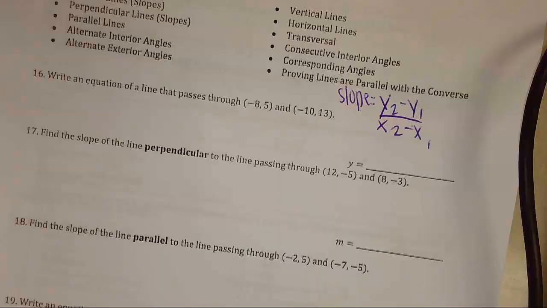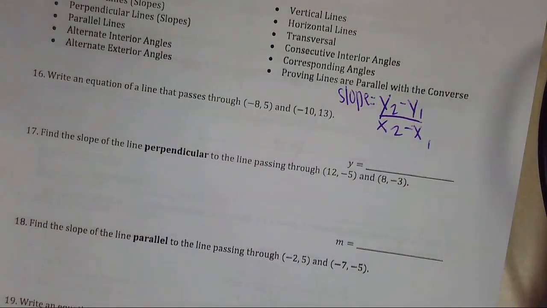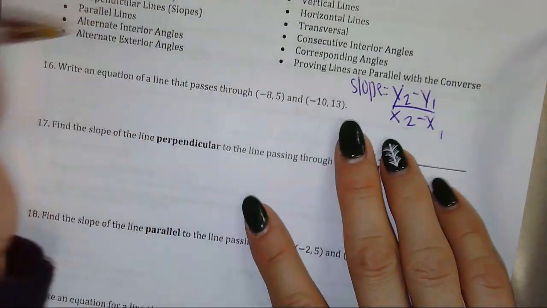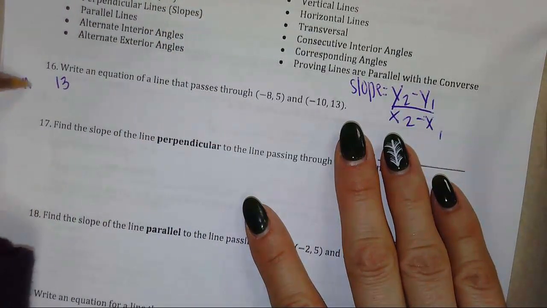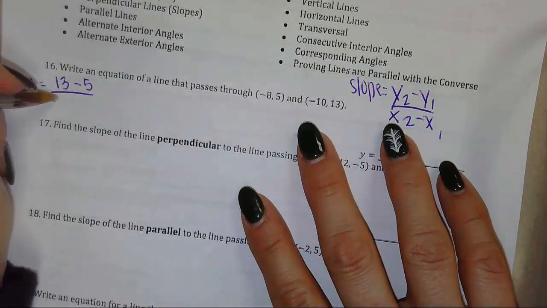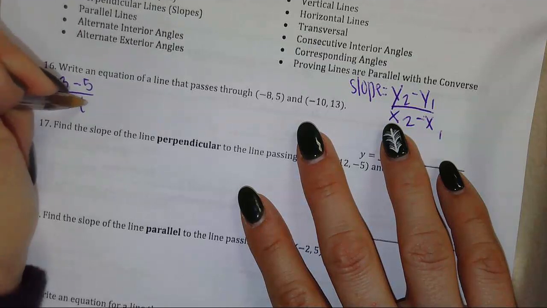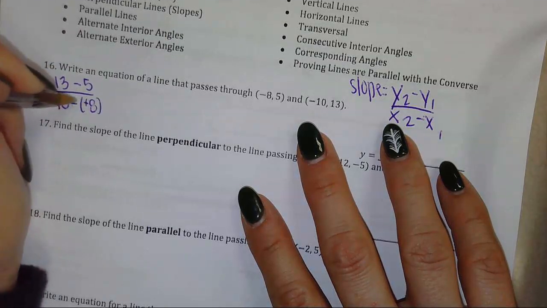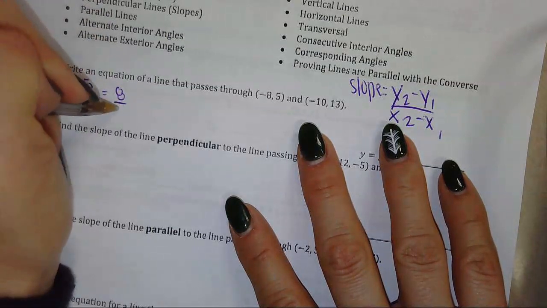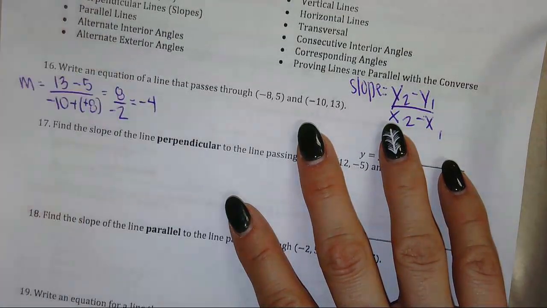I am going to leave those formulas on the board, but you can also write them on your note card. So my slope is going to be equal to 13 minus 5 over negative 10 minus negative 8. So that's going to give me 8 over negative 2, which will be negative 4.